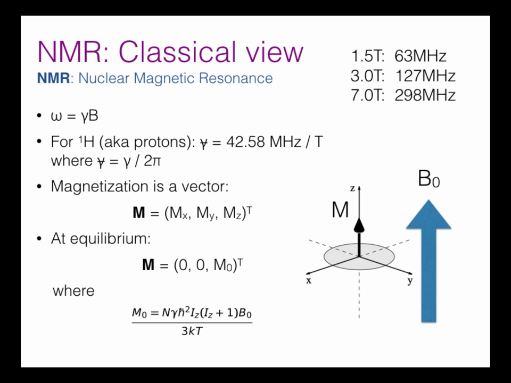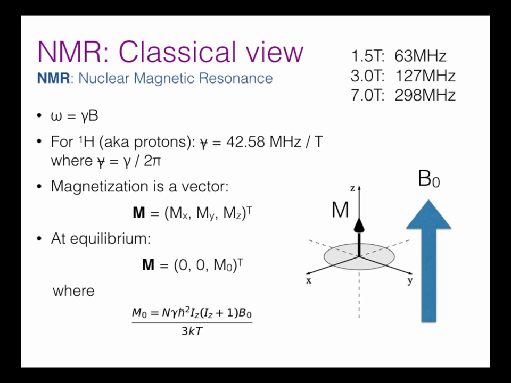It's worth noting that the magnetization M0 here, which should be on a separate line from this underbar, is basically proportional to B0. And so one of the reasons why we like to scan at higher fields is that our magnetization M is bigger when we go to high fields.